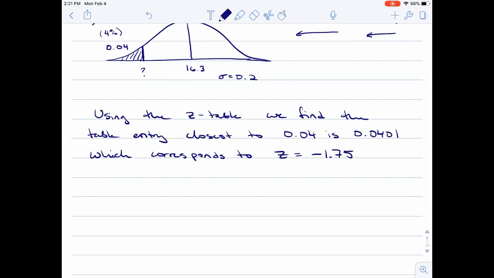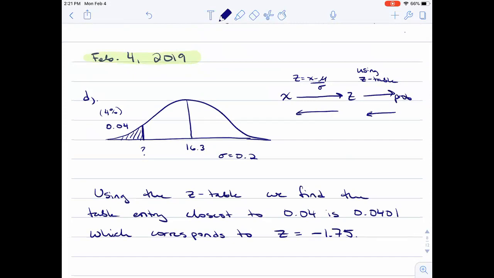What a relief. Okay. So now you have a Z score, right? Now you know Z, you know mu, and you know sigma, so now you can solve for X. And that's where you want it to end up.